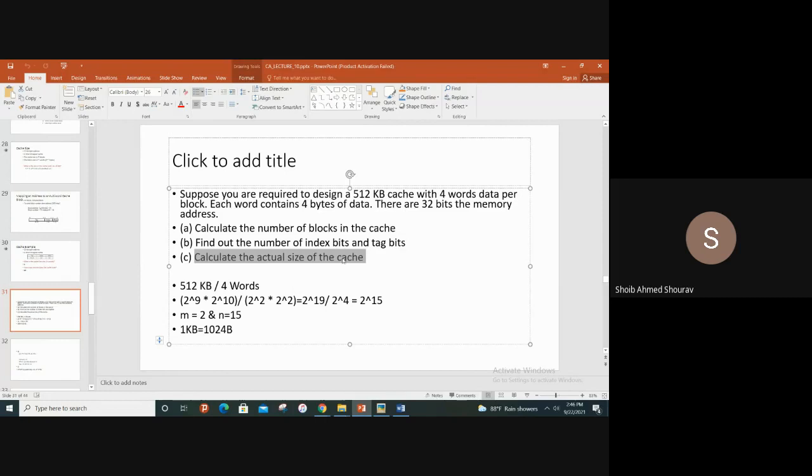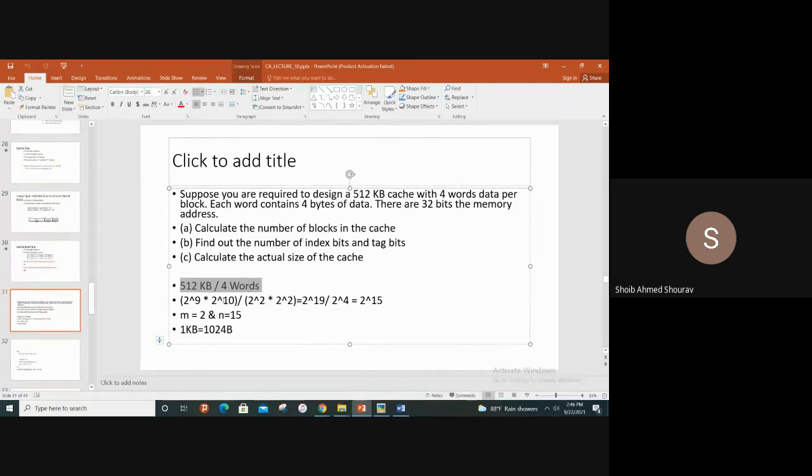We have 512 kilobytes of data, and we have 4 words per block. To find the number of blocks, we have to divide 512 kilobytes by 4 words.